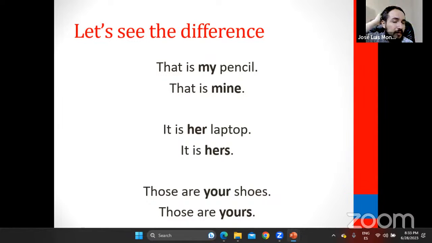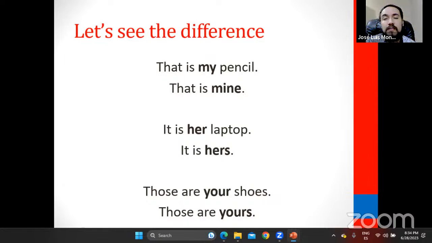So that is my pencil, and that is mine, same. It is her laptop, it's hers, same, right? Mainly you want to save some space. Those are your shoes, those are yours.